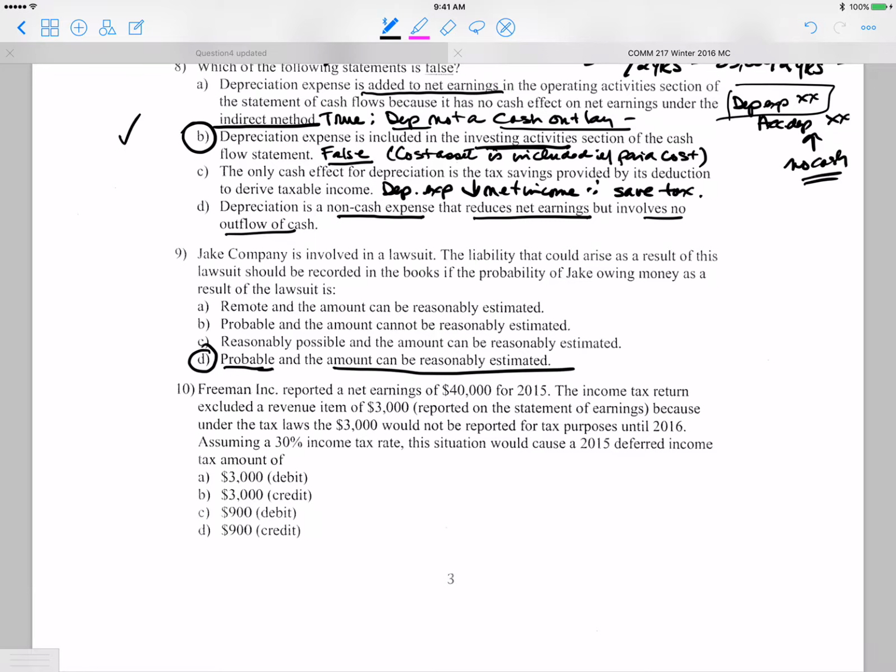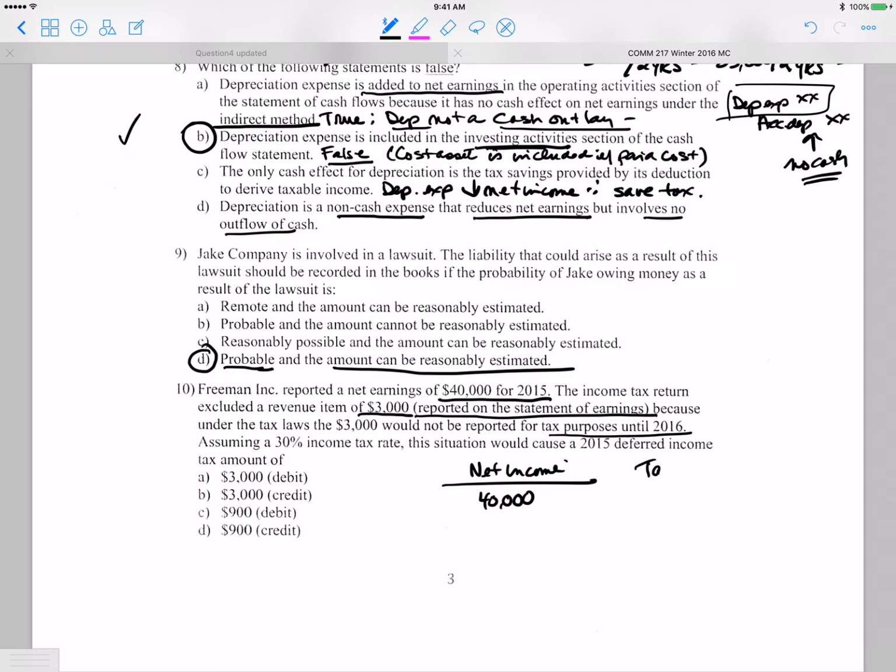So let's see what's happening here. They reported $40,000 of net income. The income tax return excluded a revenue of $3,000 reported on the statement of earnings because it won't be included in your tax return until 2016.